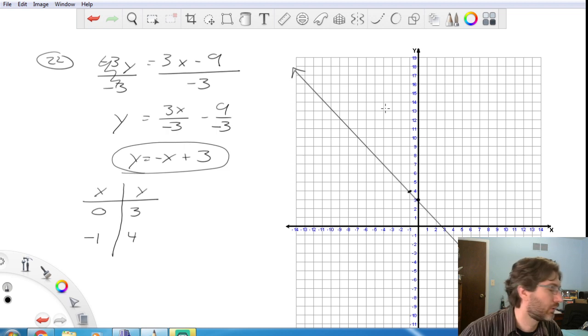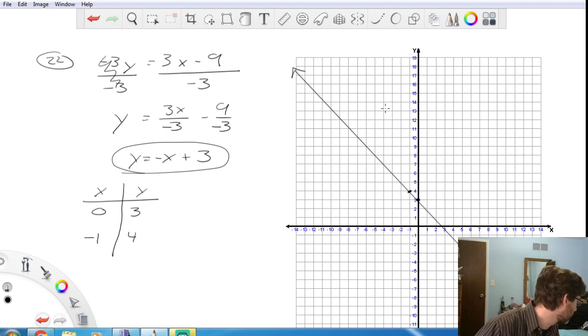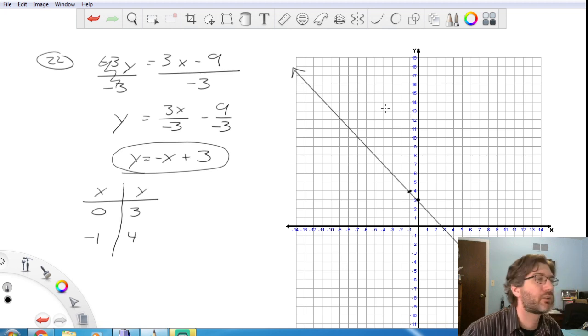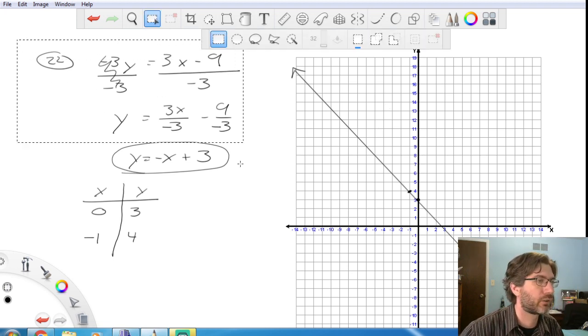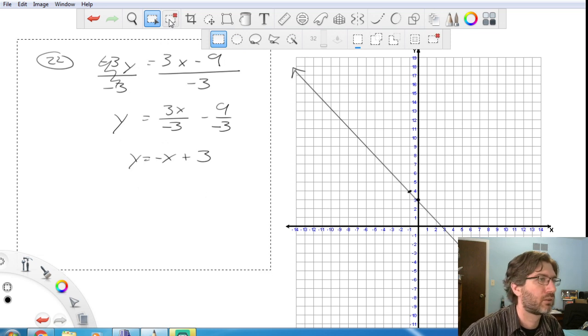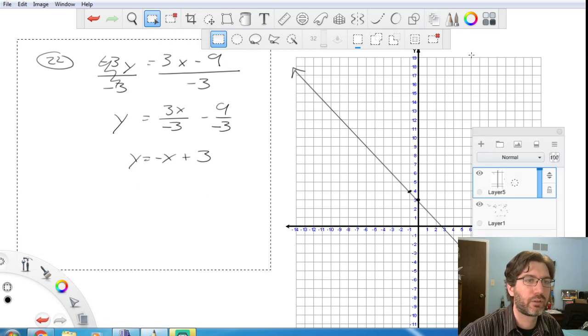Number 21 is going to be negative 4x plus 16? No, because it starts off as negative 4x.